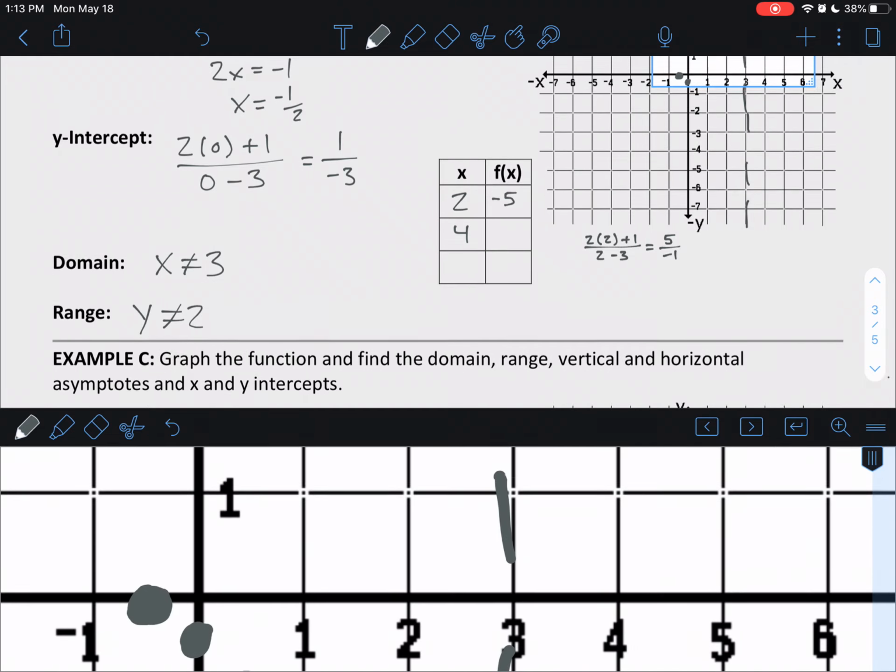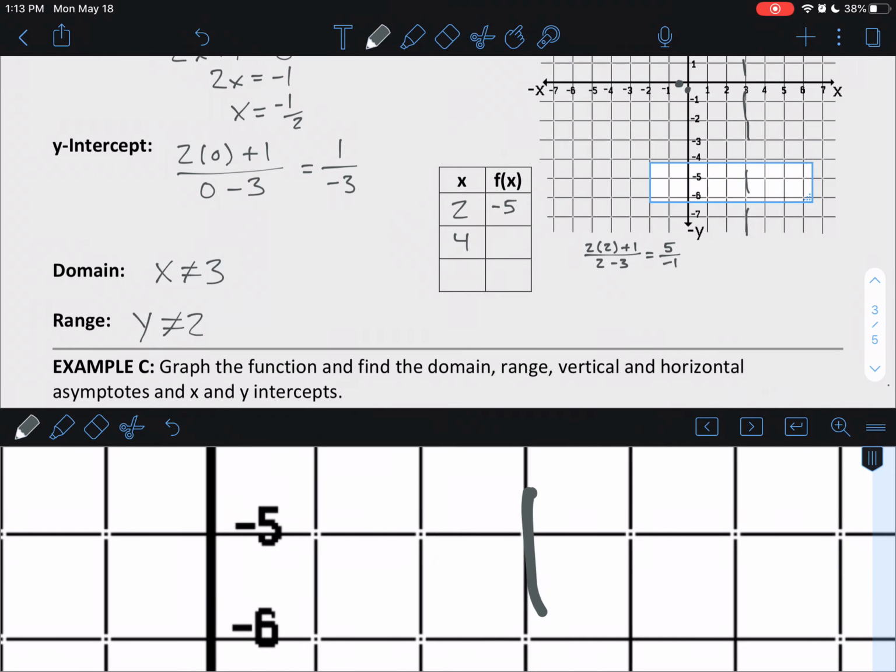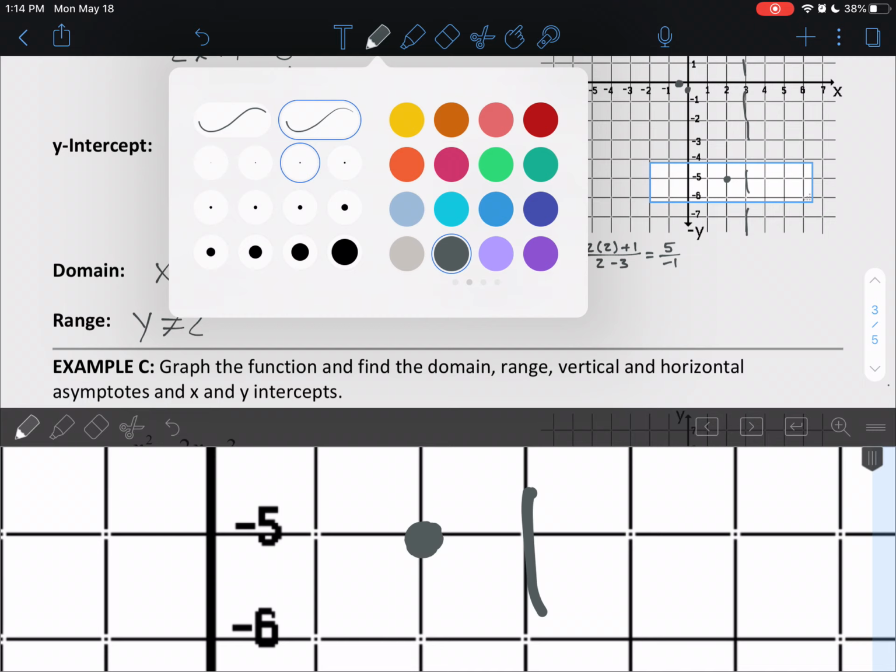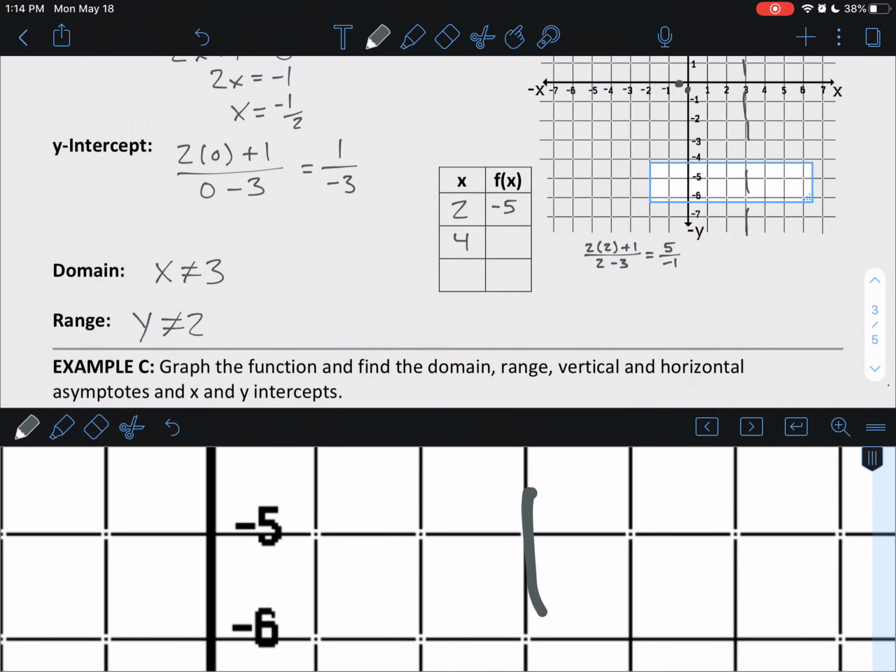So that gives me the point 2, negative 5. I wish I hadn't gone with gray.